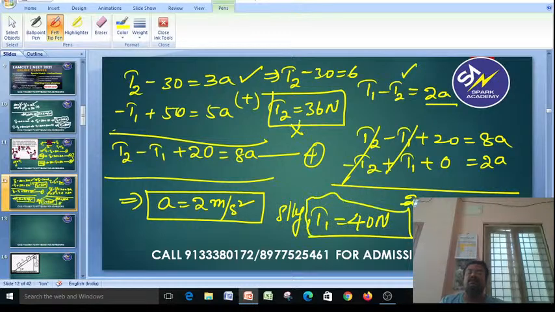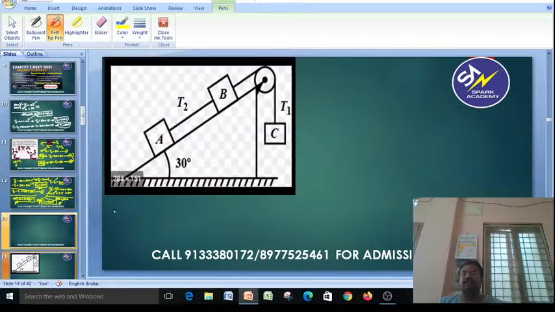So this is the process of how to solve numericals with constraint equations when blocks are on a smooth surface with a pulley connected, right? Now let us check another type of question, where blocks are connected to a pulley on an inclined plane.